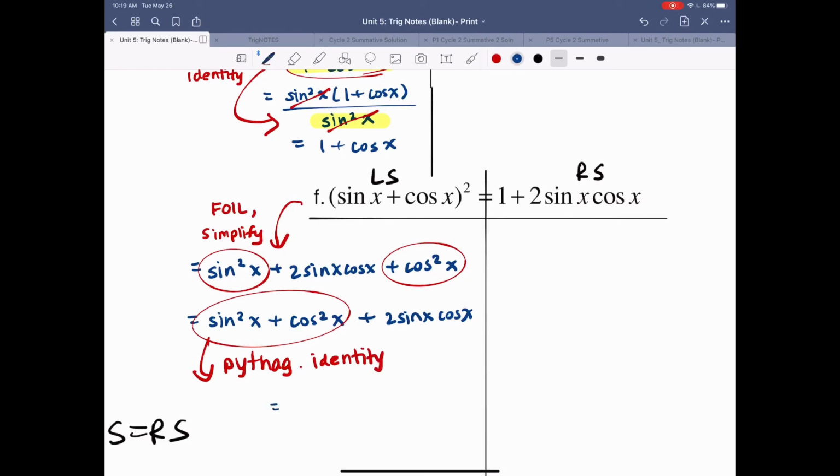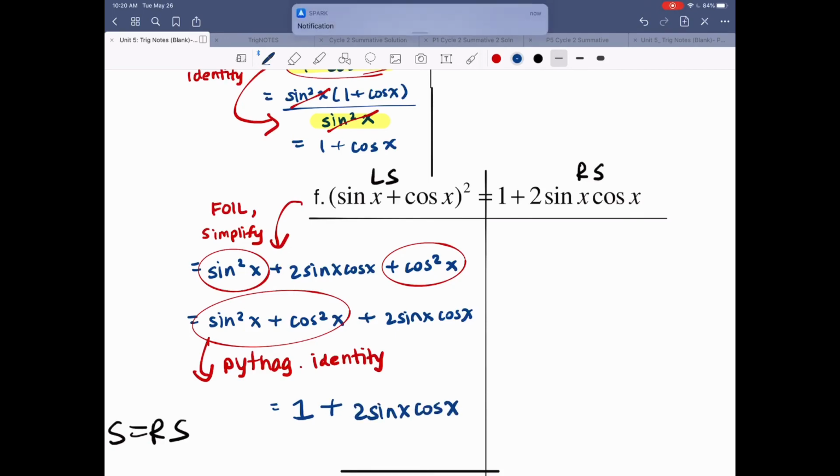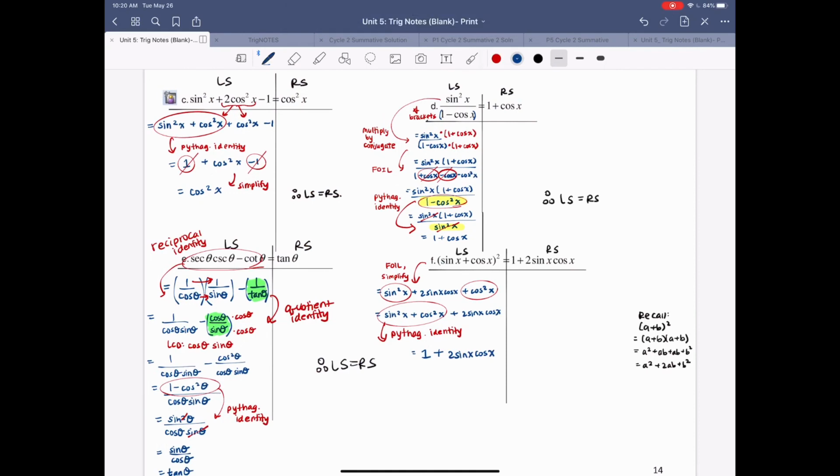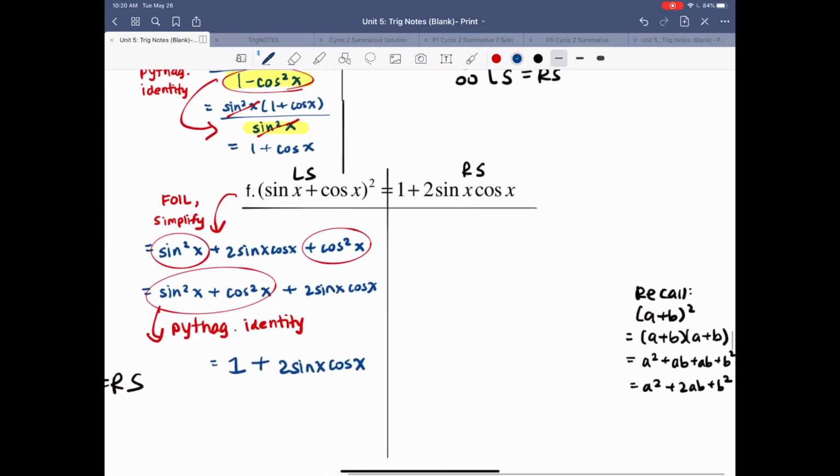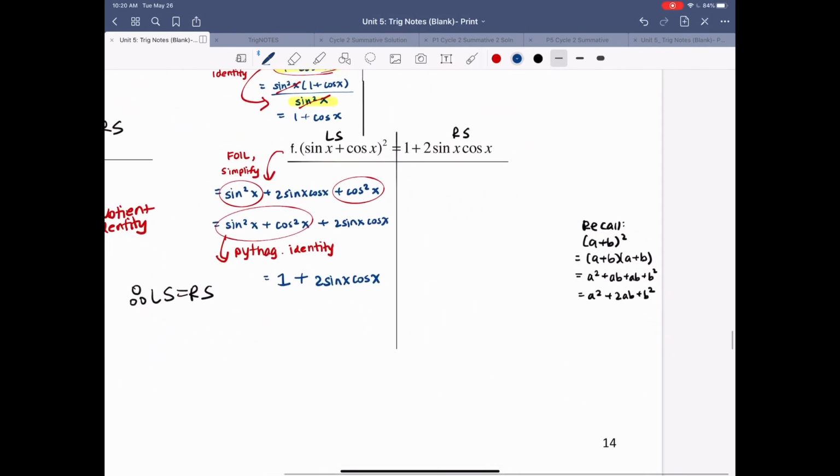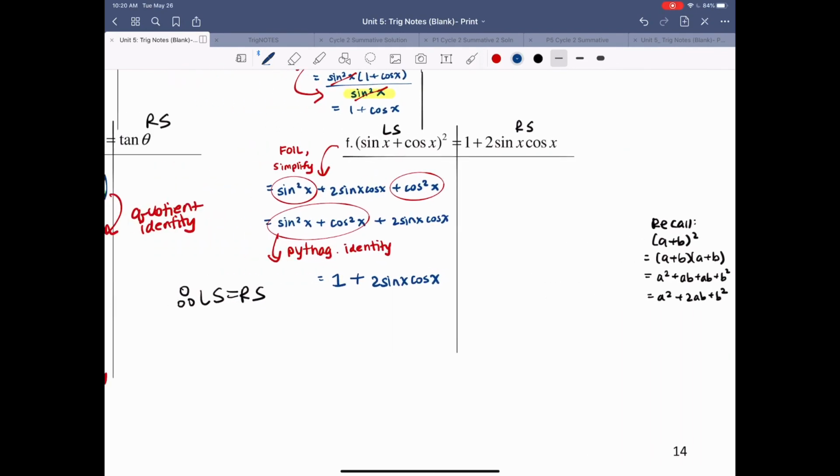And so I have, by the Pythagorean identity, that is equal to 1 plus 2 sine x cos x. The thing with trig is sometimes one looks complicated, but this only required 3 steps, so it wasn't that bad. Trig proofs vary based on their difficulties.